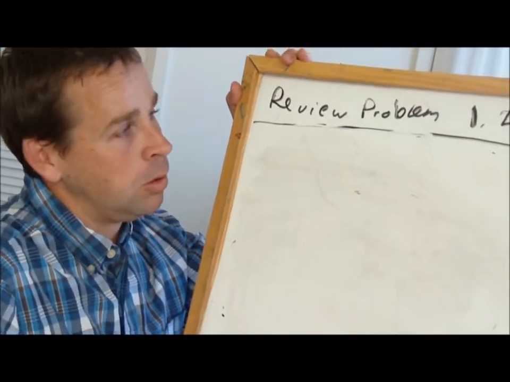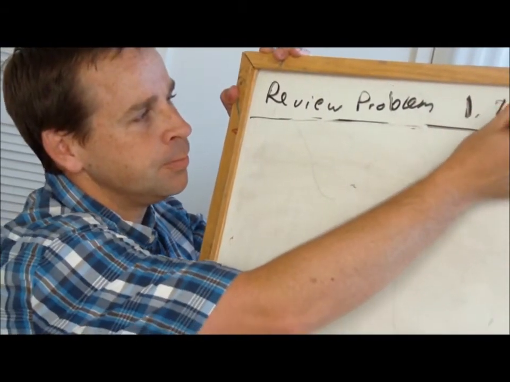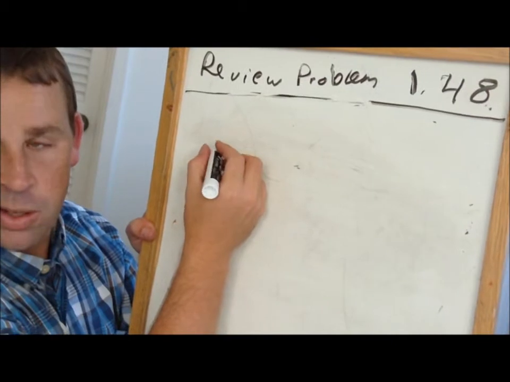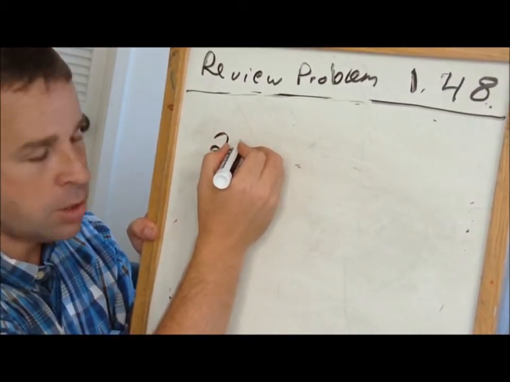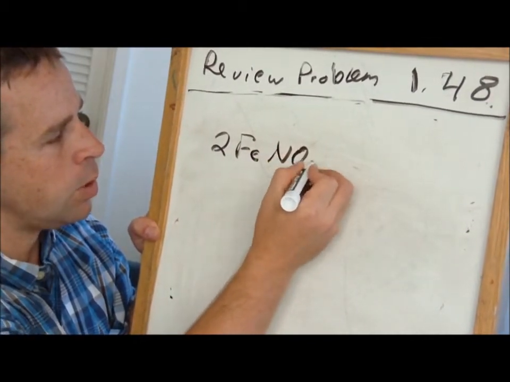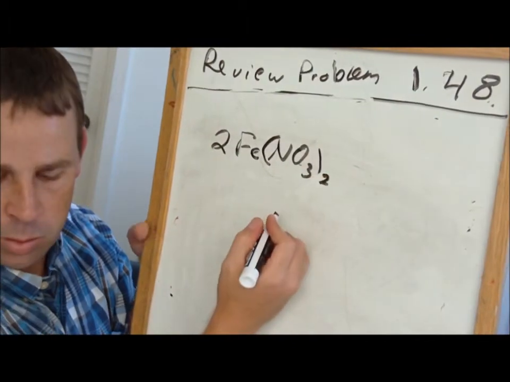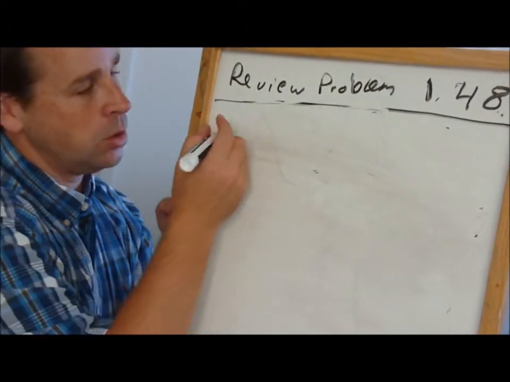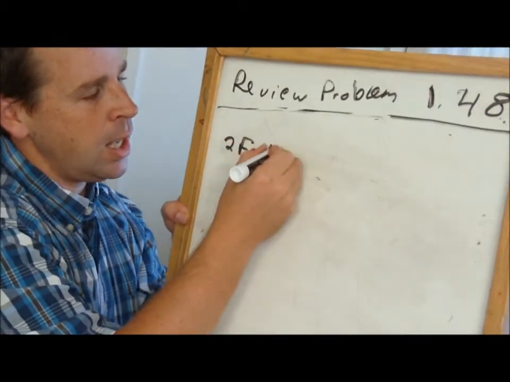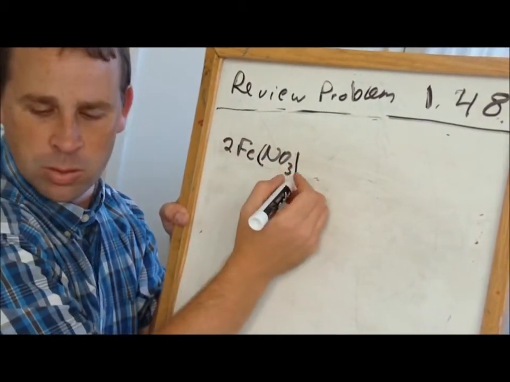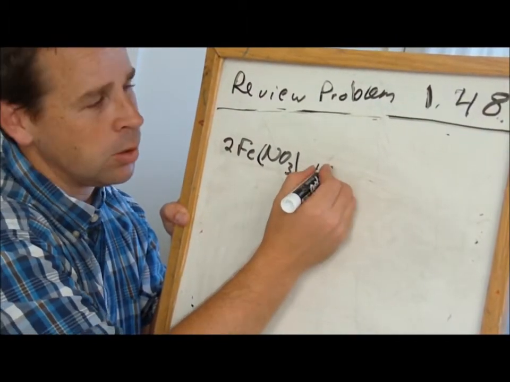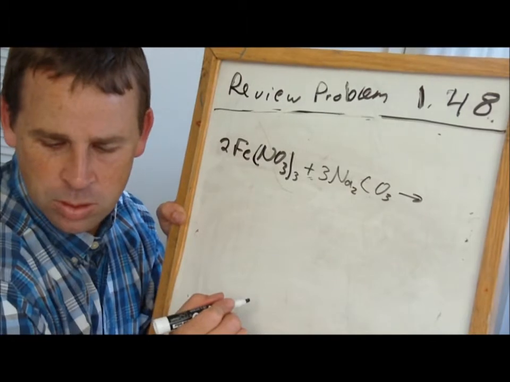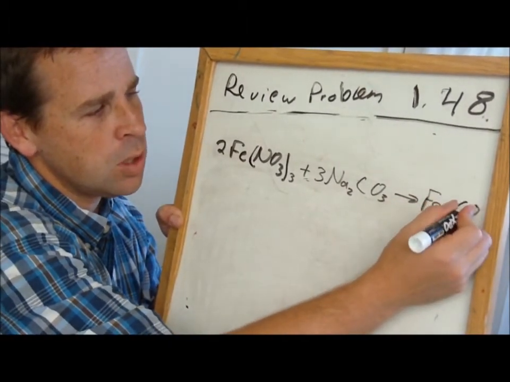Number 148 here. All right? So it says consider the balanced equation, and it gives us a balanced equation. 2 iron nitrates, 2 FeNO3, plus 3 Na2CO3 yields Fe2CO3.